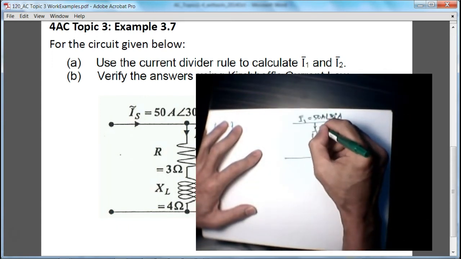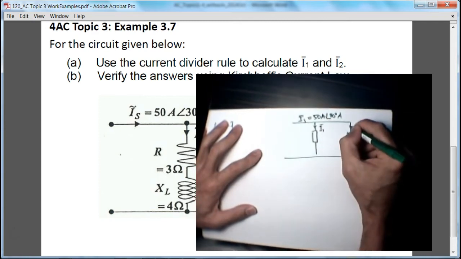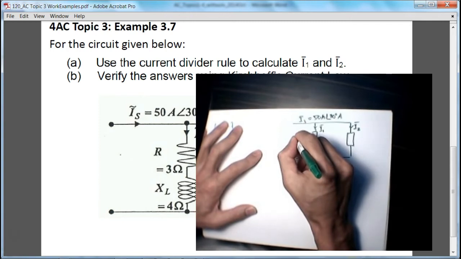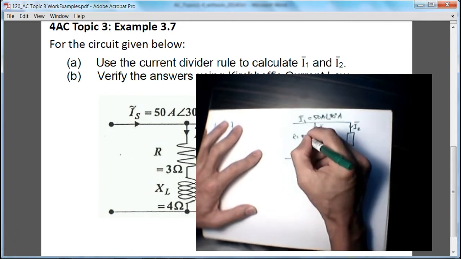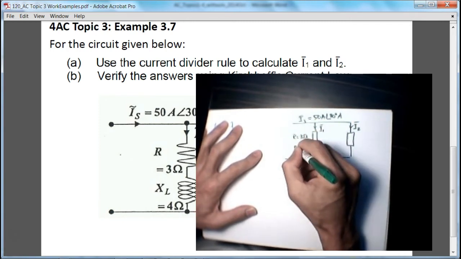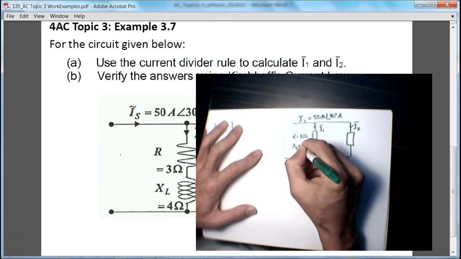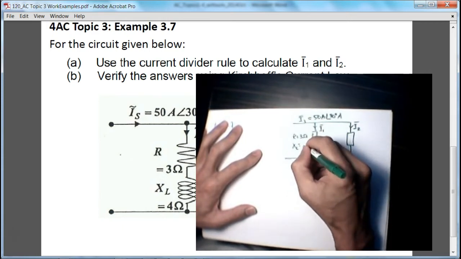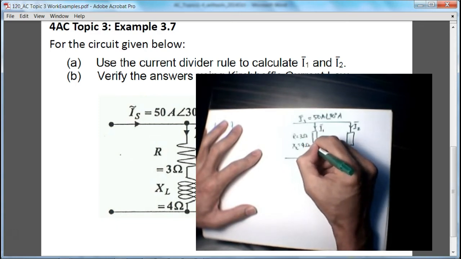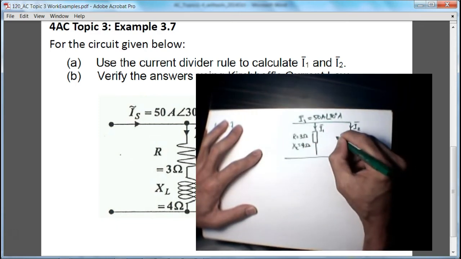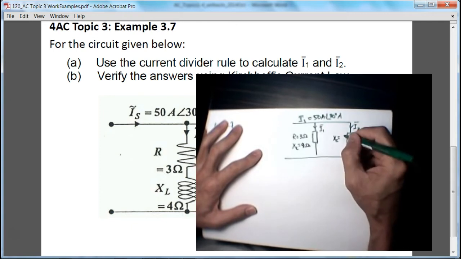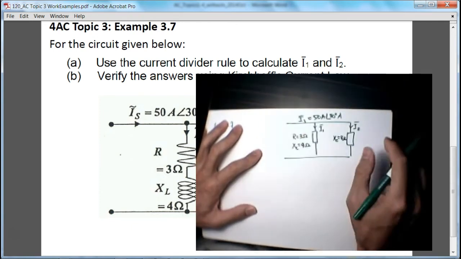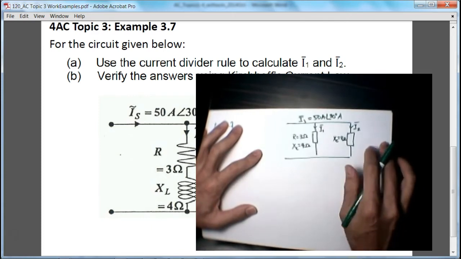The branch currents are I1 and I2. Resistance R is 3 ohms, the inductive reactance is 4 ohms, and the capacitive reactance is 8 ohms.